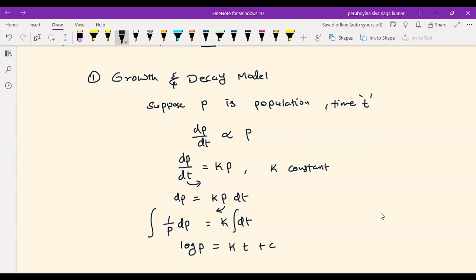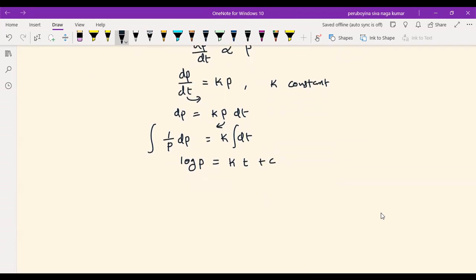For identifying this constant c, what we are doing is at time t equal to 0, that means at the starting, the p value will be p naught. These are called initial conditions, the initial population p naught.